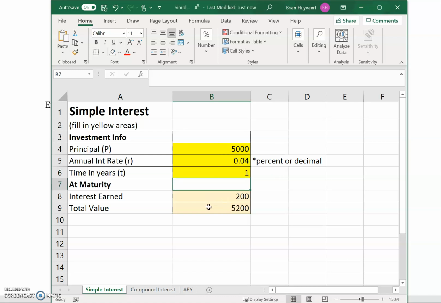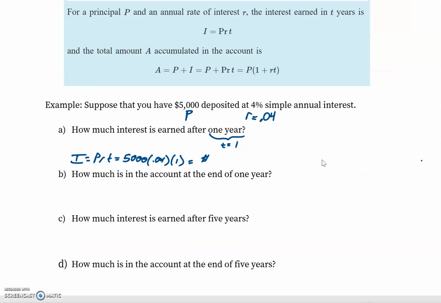And then down here, we're going to see that our total interest earned is 200 and our total value is 5,200. So really, this gives us both of the things we could be interested in finding out. So for this particular question, we were wondering how much interest was earned. And our formula would tell us this, but also our template is telling us that this is 200. How much is in the account at the end of 1 year?